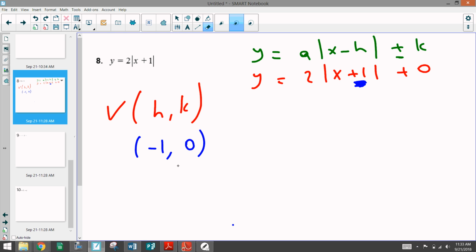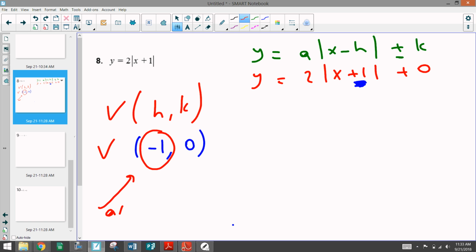So here's the vertex. We figured it out. This is the first step, done. Second step, what is the axis of symmetry? The axis of symmetry is this one always. H is the axis of symmetry. The axis of symmetry is negative 1.